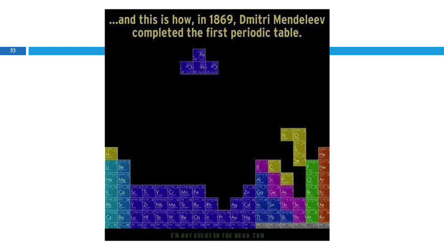Anybody still know what Tetris is? The game? Yeah. Little giggle or anything? Just a smile? This is a joke. This is how in 1869 Dmitri Mendeleev completed the first periodic table. By playing Tetris?